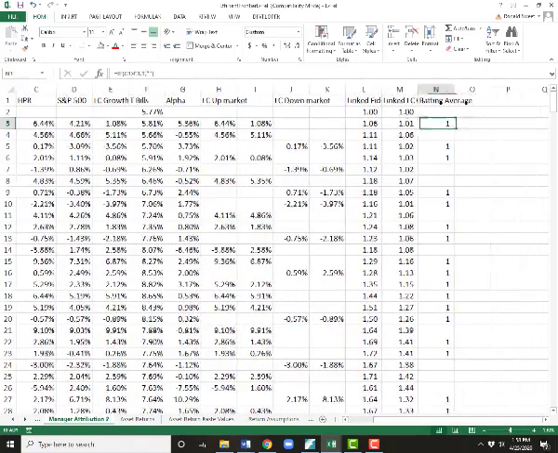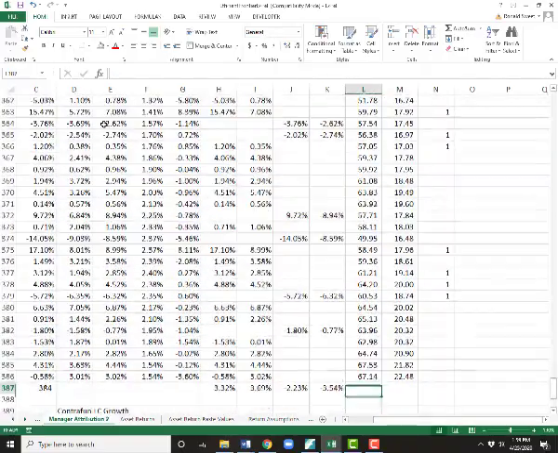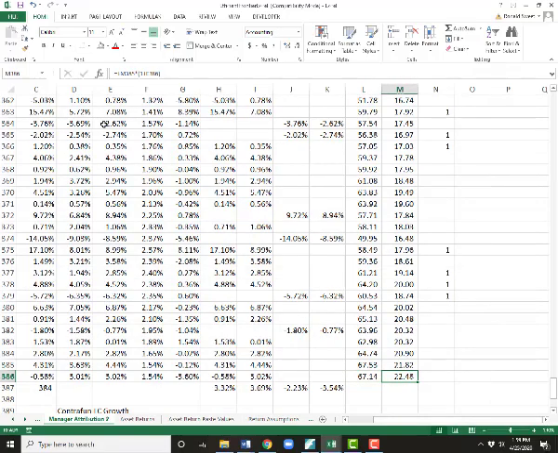Then the linked returns. For the linked returns, I just started with 1, and I took that previous cell times parentheses 1 plus the return for my fund, and I did the same thing for 1 plus the return for large cap growth. I copied that down, so I got the cumulative returns, which means if you invested $1 in the Contrafund, you would have had $67 today, versus only $22 for the index.